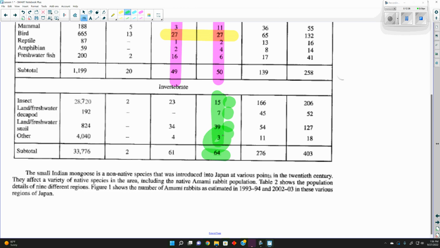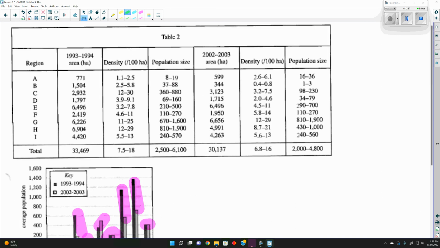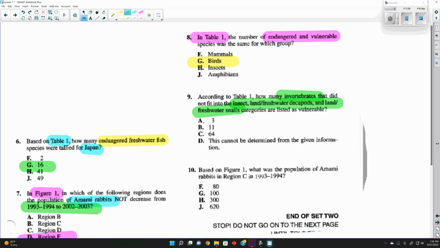So how many did not fit in the other 3? Because 3 fits into other, because it's asking how many invertebrates that did not fit into insects, land, freshwater, and land, freshwater. So for decapods and snails, well, that would be the other group, which tells us that this is A, 3.